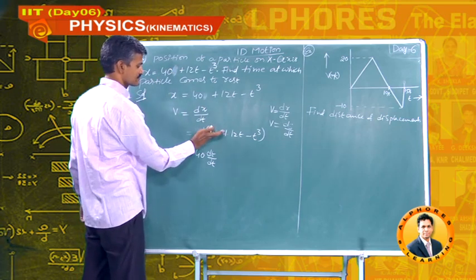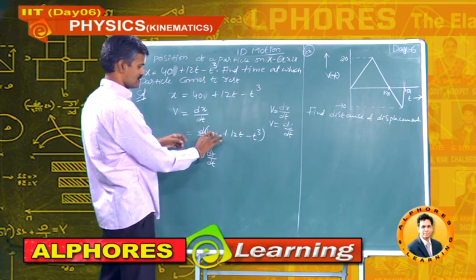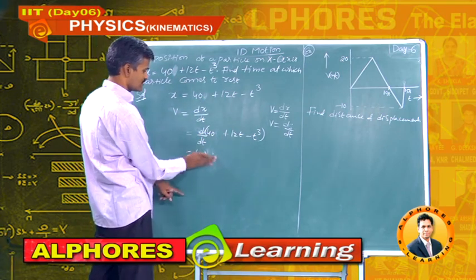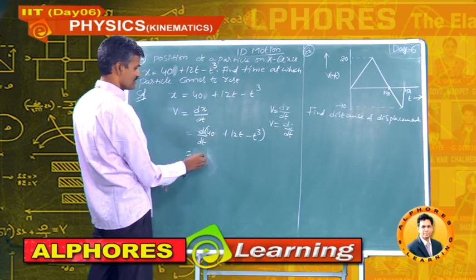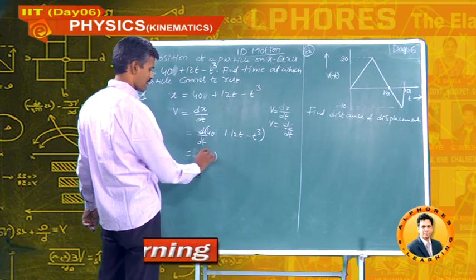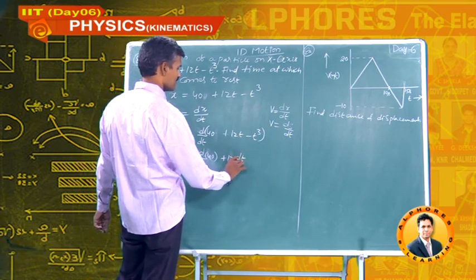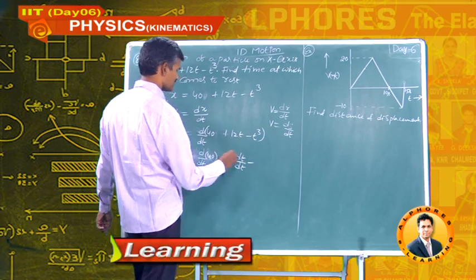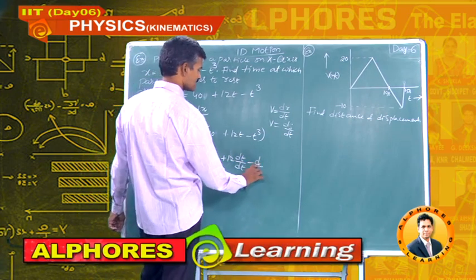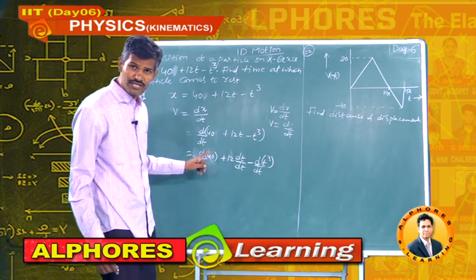Why? Because there is no t. So this is the derivative of a constant. So this is d by dt of 40 plus 12 into dt by dt minus d by dt of t cube.